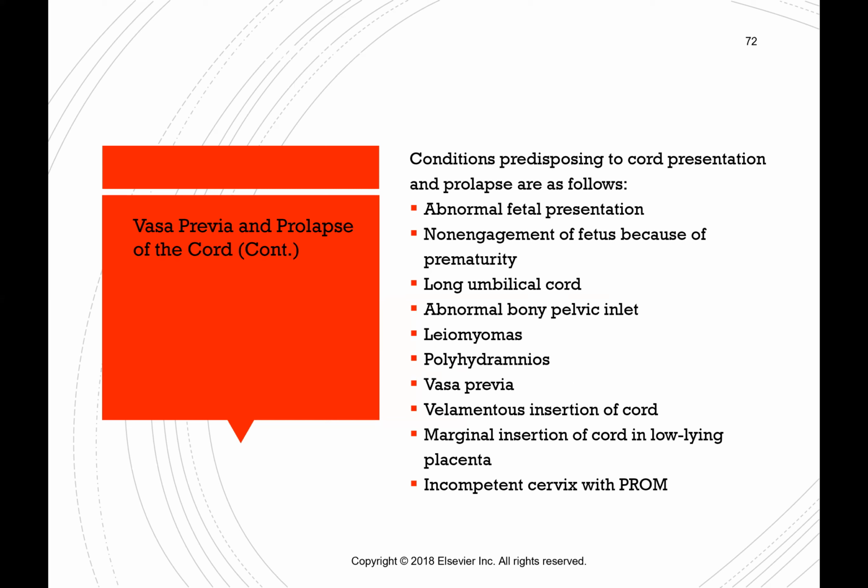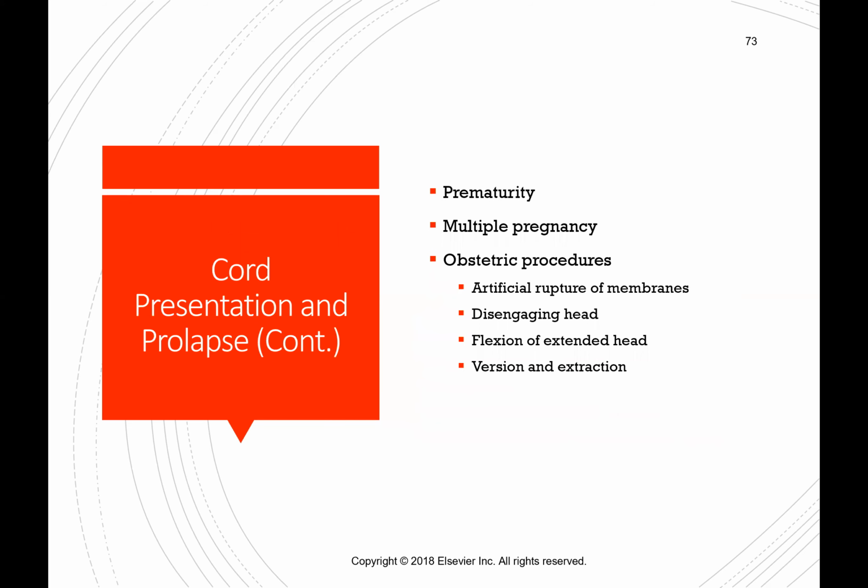Also if the fetus isn't engaged into the cervix, if they have a long umbilical cord, if the mom has an abnormal bony pelvic inlet, if there's fibroids, if there's a lot of fluid, if there's a vasa previa, velamentous cord insertion, marginal cord insertion with low-lying placenta, and incompetent cervix with PPROM. So prematurity, multiple pregnancies, and obstetric procedures such as artificial rupture of membranes, disengaging the head, flexion of an extended head, and version extraction can all cause cord prolapse.